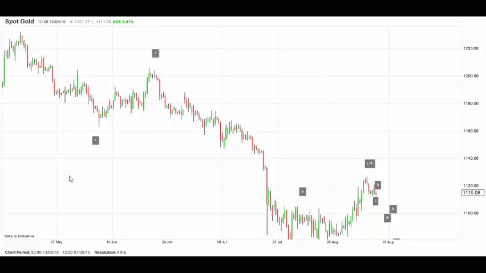Now, if this is the top of the B wave within the final C decline, we should see it trace out five waves.